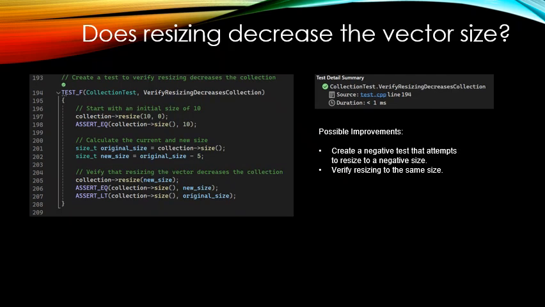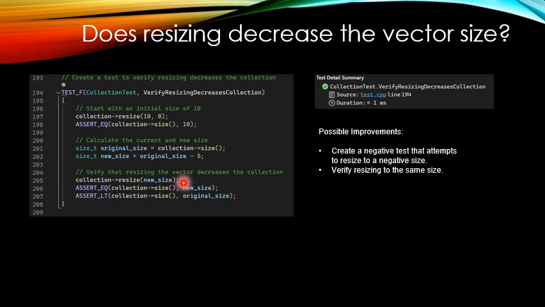This test verifies that if we resize a vector to a smaller size, the vector size will decrease and possibly truncate items from the list. The test first sizes the list to 10 items, then verifies that the collection is actually sized at 10. Then it gets the current size and calculates a new size, which is 5 less than the current size.